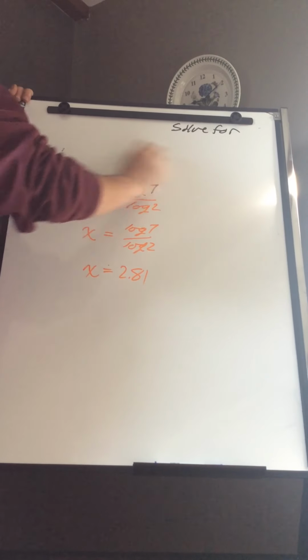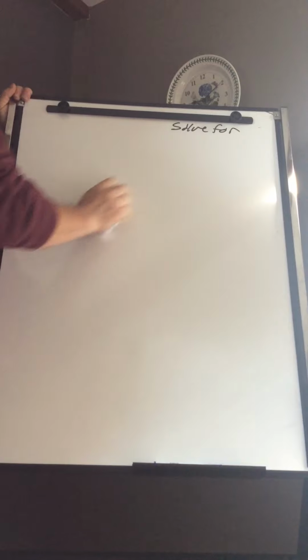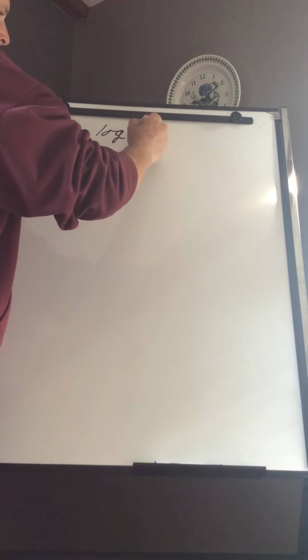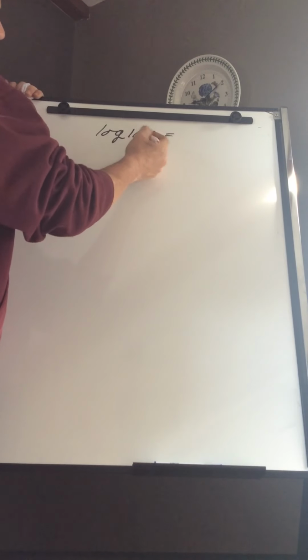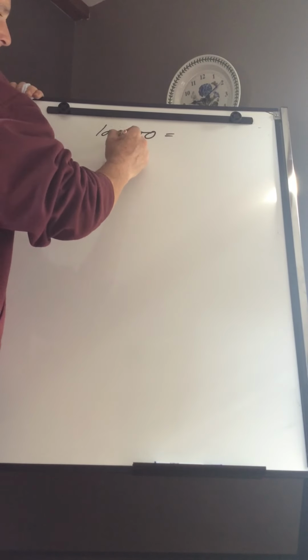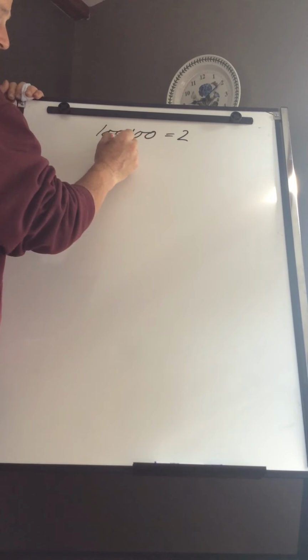So if you were to plug it in your calculator, log 100, for example, means 10 to the power of what will give me 100. So this is 2, because we assume there's a 10 here.